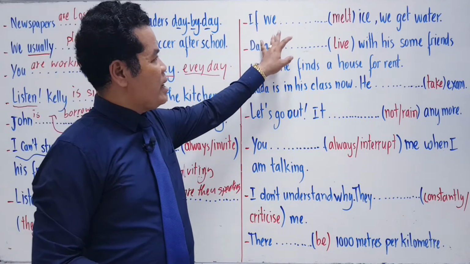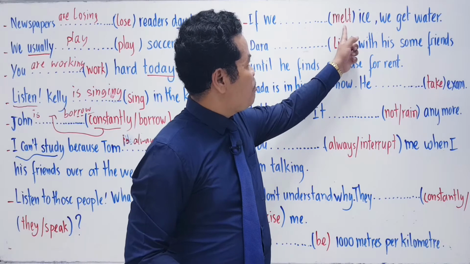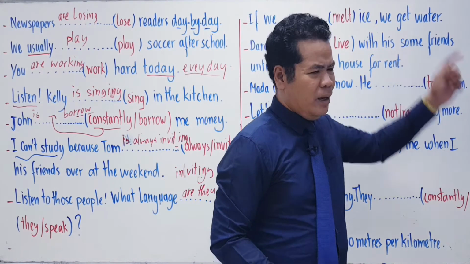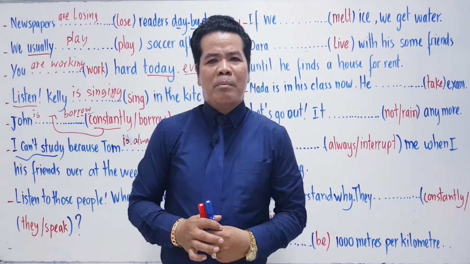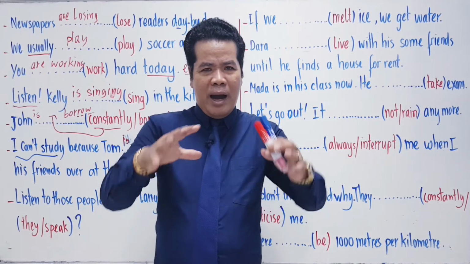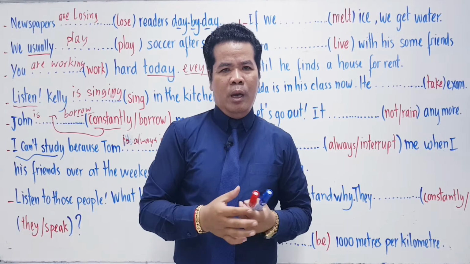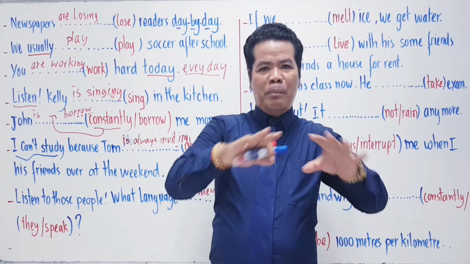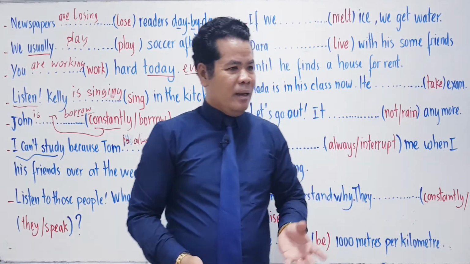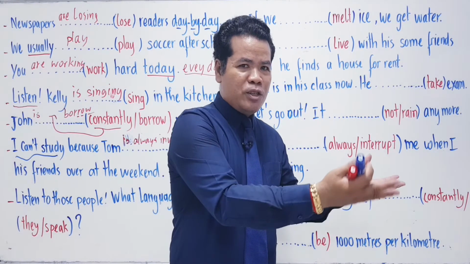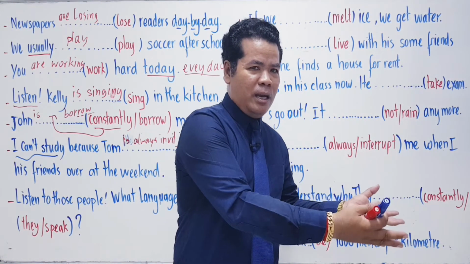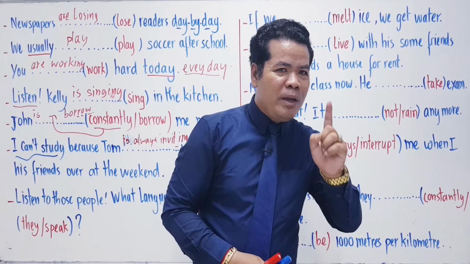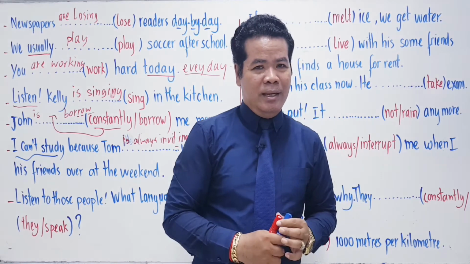If we look at this one, melt ice, we got water. Understand the word melt? For example, ice is cold. When we put a piece of ice outside, the sun is shining, and so what do we have? We are going to have water.